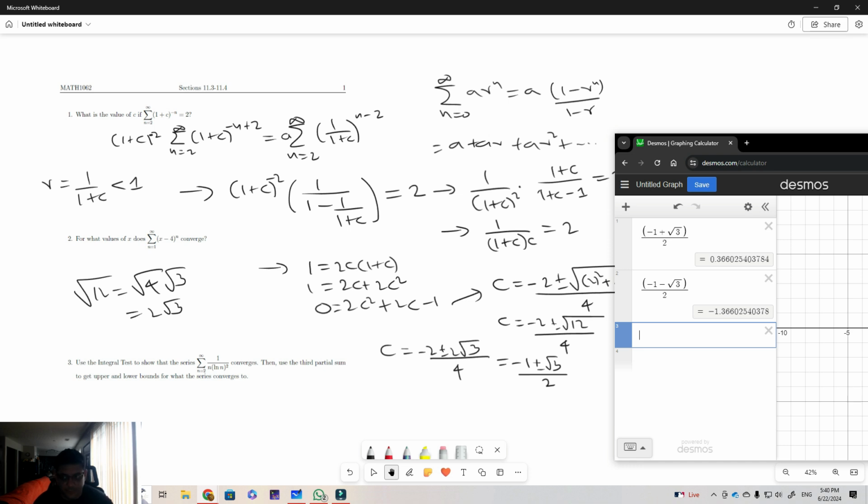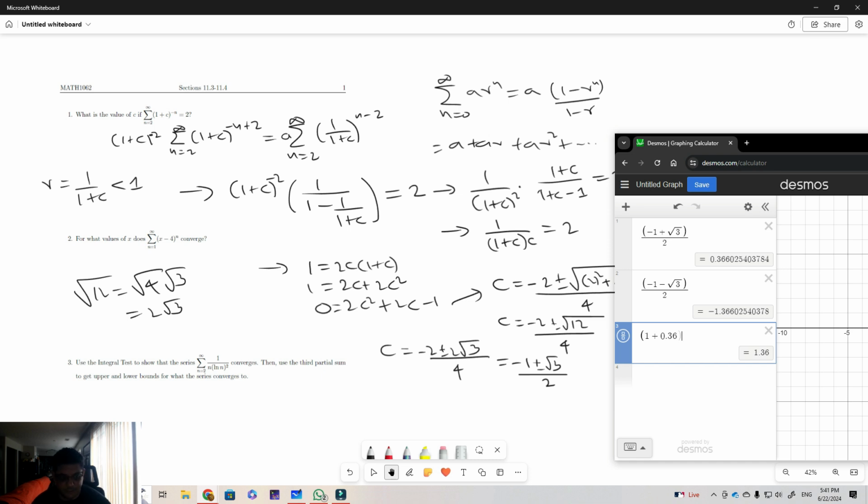Now if I take this as a value, notice that if I'm flipping this around, if I'm doing 1 plus C, this would be 1 plus 0.36, which is 1.36, right?